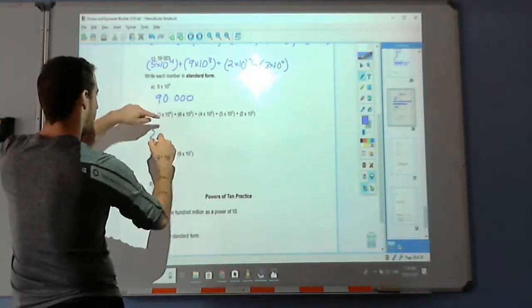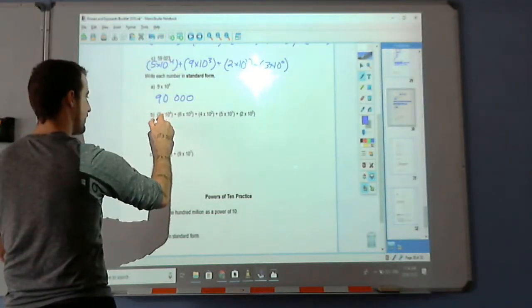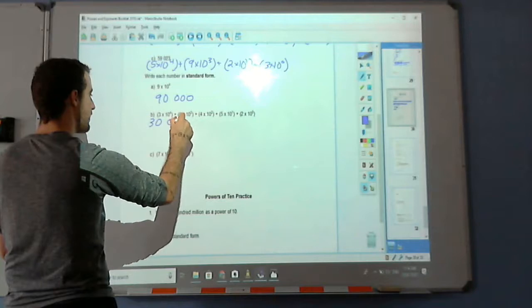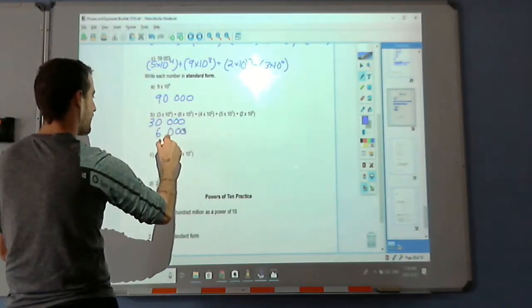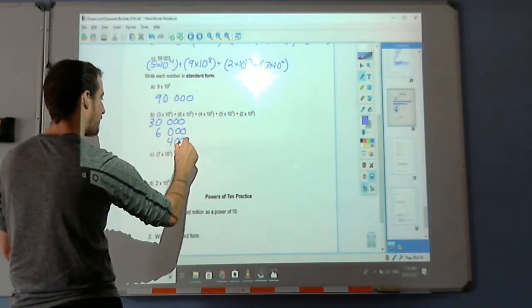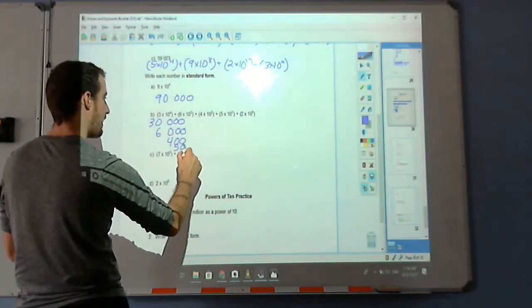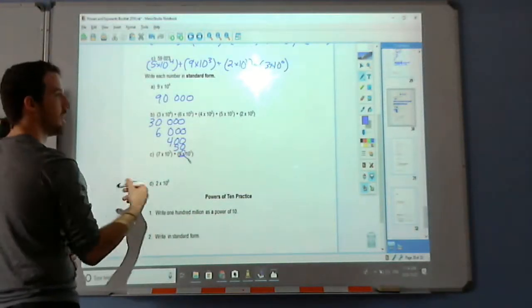So we can even write that 2 ways. We can go 3 and then write 4 zeros, 6 with 3 zeros, 4 with 2 zeros, 5 with 1 zero, and a 2. Okay, and you can go and add that all up.